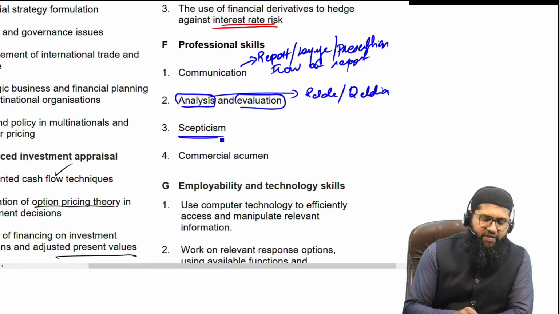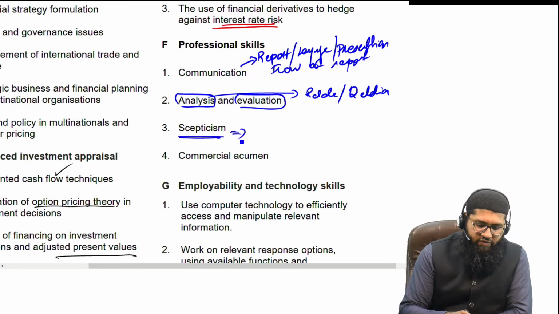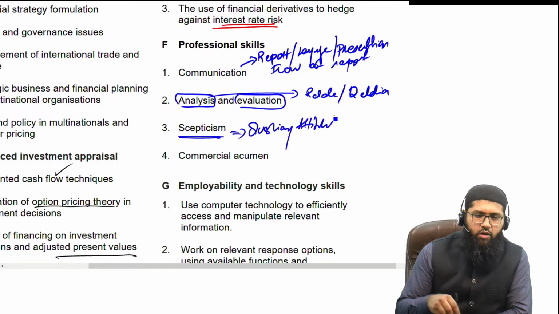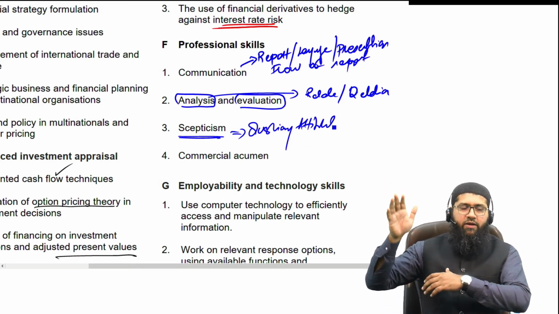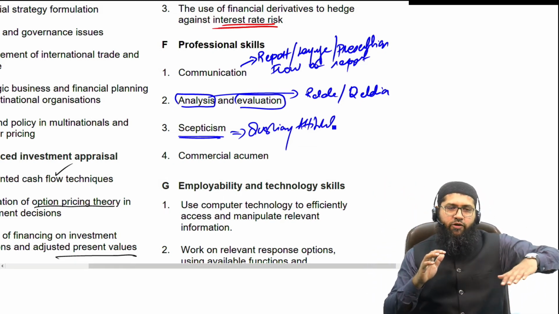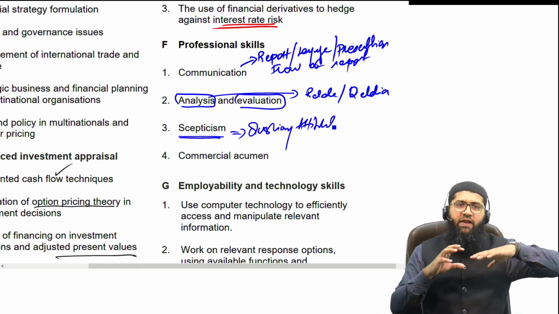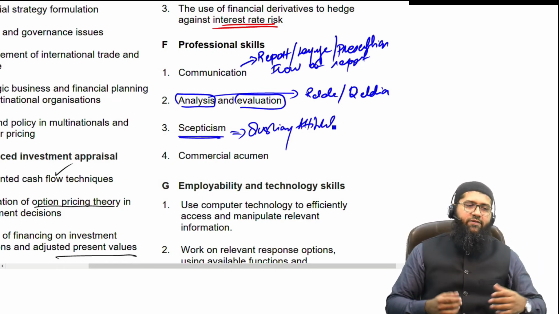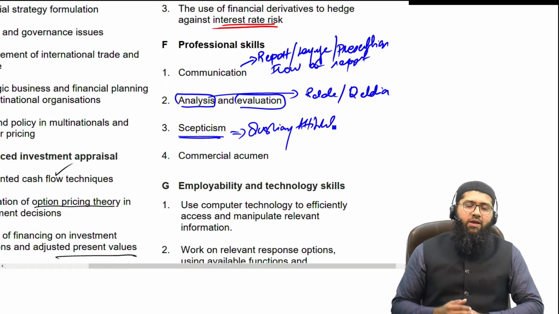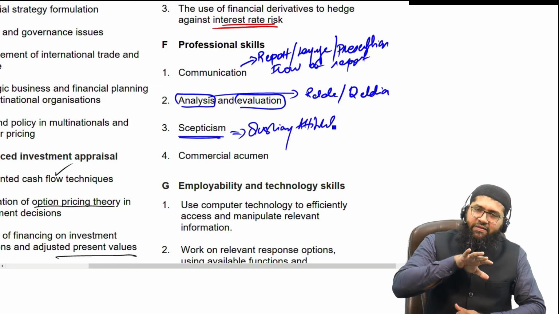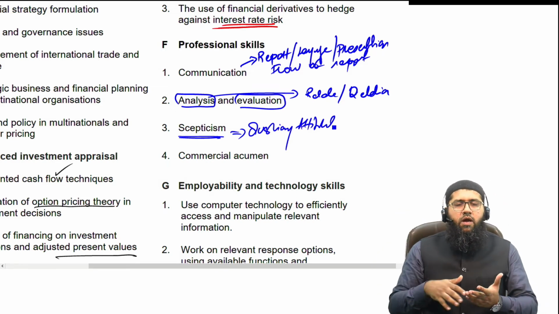Then there is skepticism, which actually means questioning attitude. You may be given different assumptions, like the sales would grow by X%, the interest rate would remain the same, or the inflation rate would remain the same, etc. Obviously, it's not going to happen. How could it be possible that the growth rate of the sales could be constant?